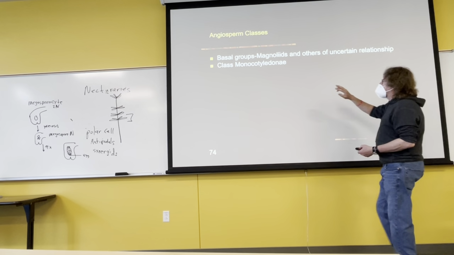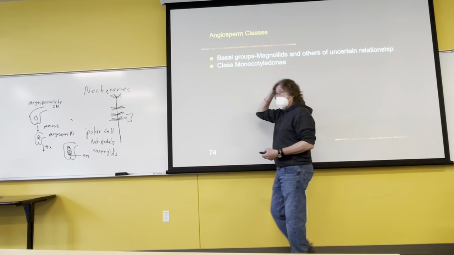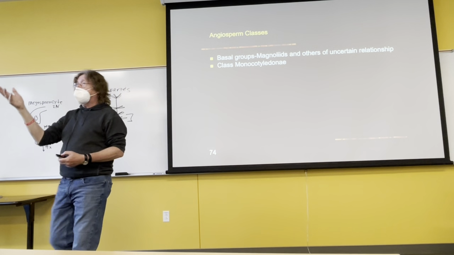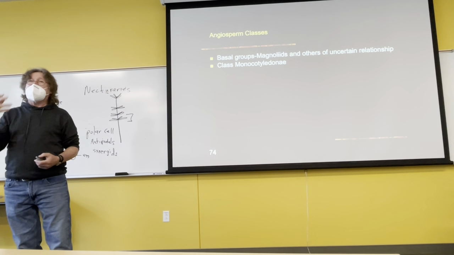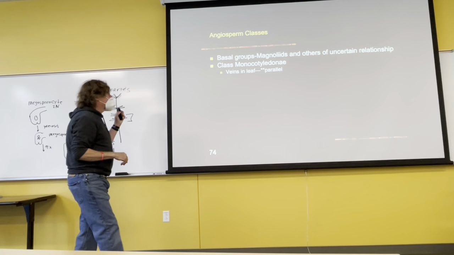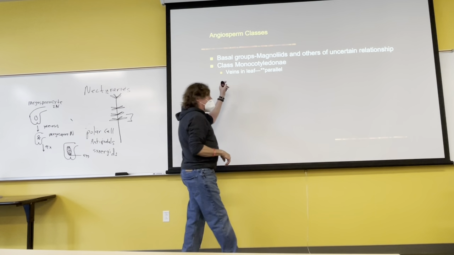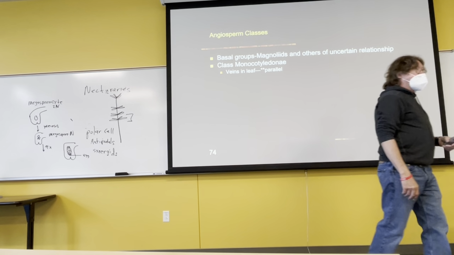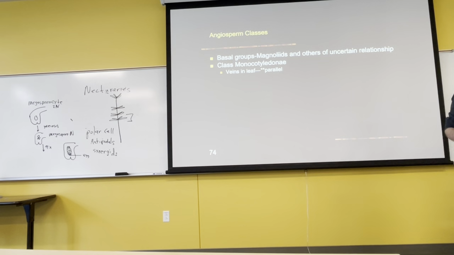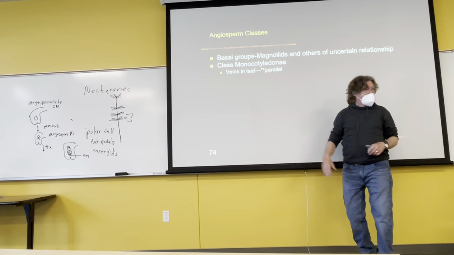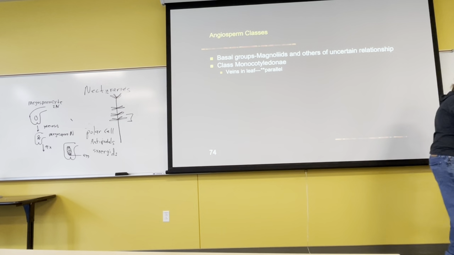And one of these is the monocotyledon. Okay, this is monophyletic, and these are called colloquially monocots, but the scientific name for the clade is monocotyledonae. And there are some synapomorphies that are unique to them. In their leaves, the vascular tissue, the veins, are running parallel.